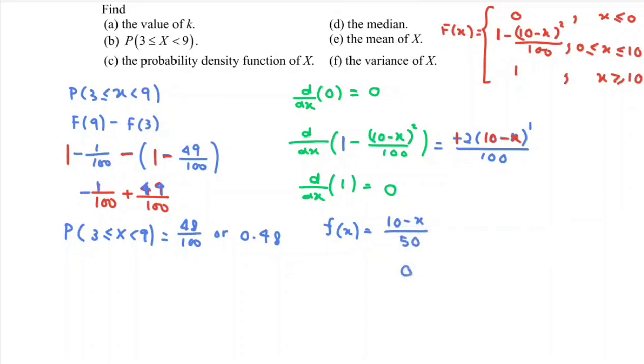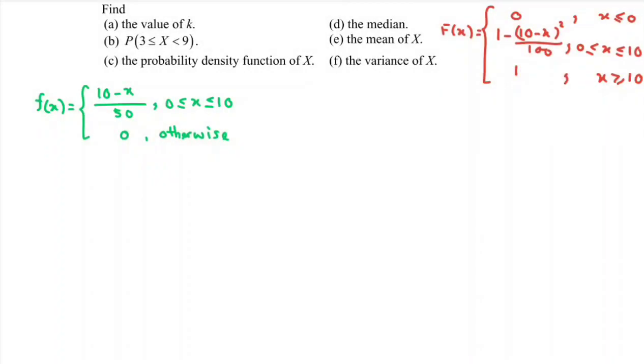Another one, we have 0. So the domain would be x greater than or equal to 0, less than or equal to 10. Other than that, the function is 0. So that will be the probability density function of X.